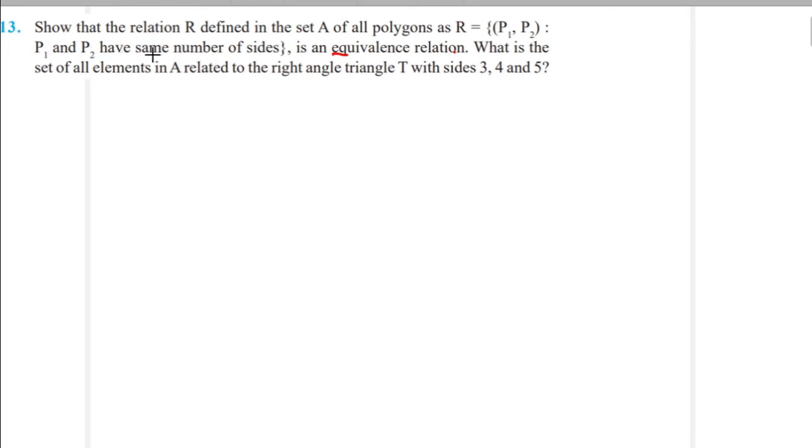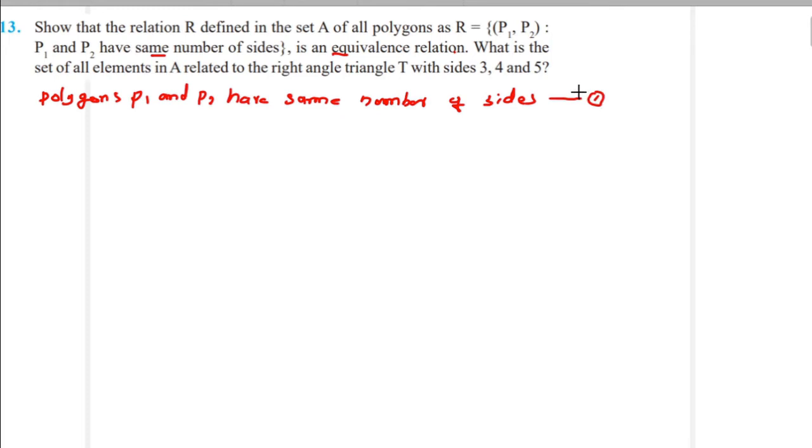Take this statement as equation number 1.